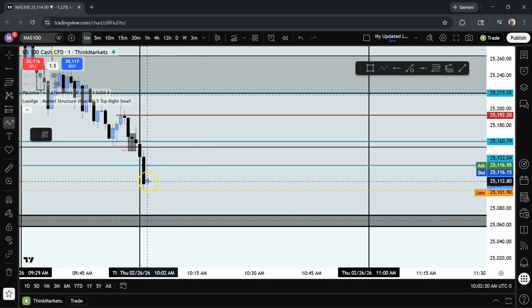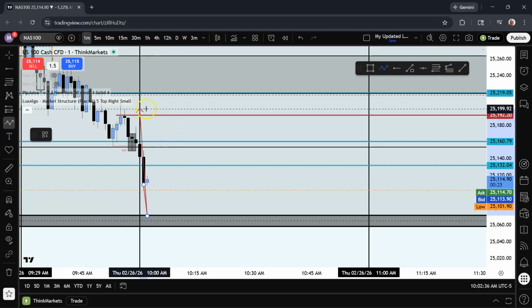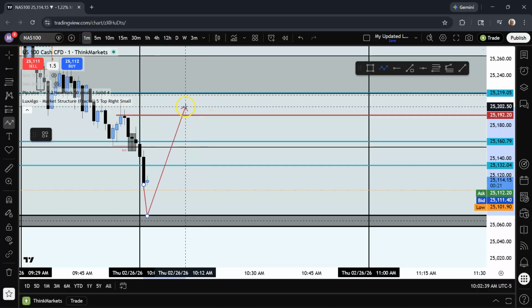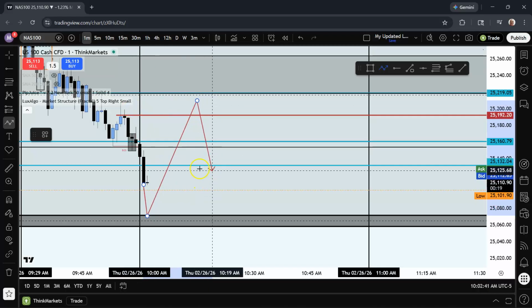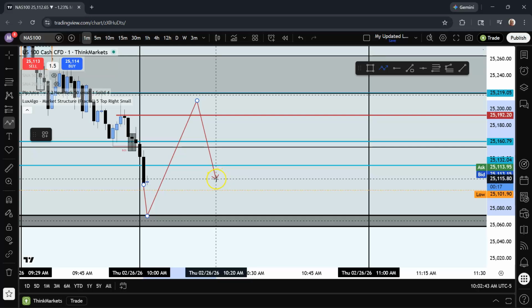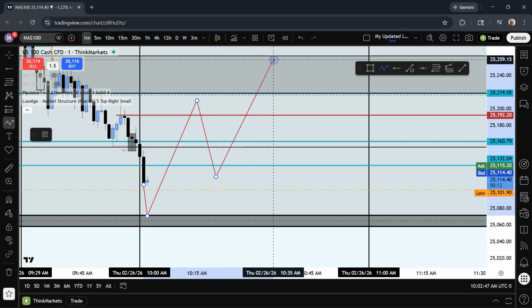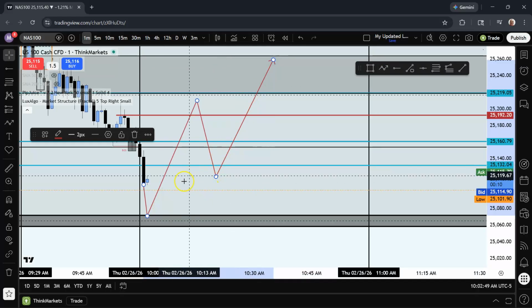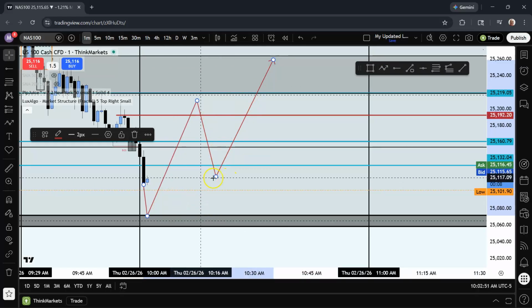So it looks like it may come down here. If it comes down here, I want it to bounce off here, break these highs right here, and then somewhere down here there'll be like a fair value gap, and bounce off the fair value gap and go higher like that. So if this happens, we'll take the trade at the fair value gap.